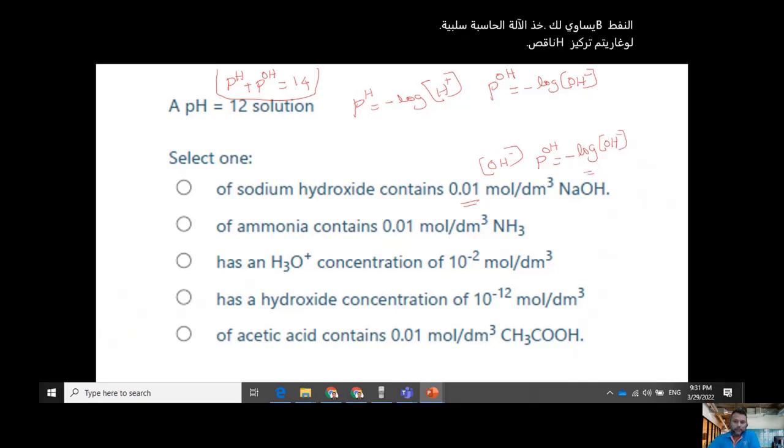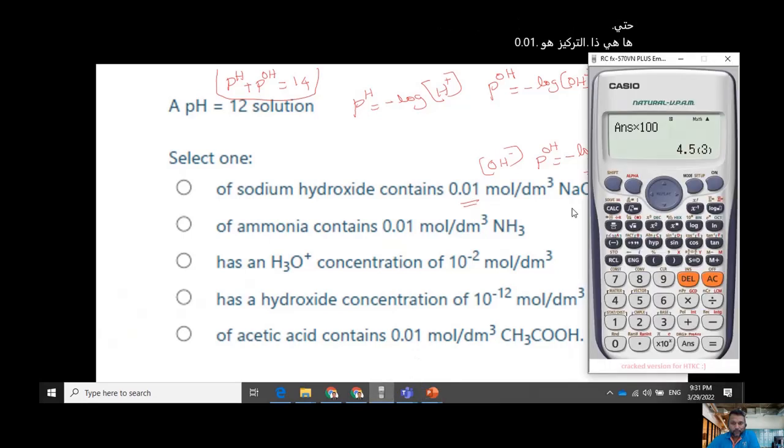So here, concentration is 0.01. Negative log 0.01.